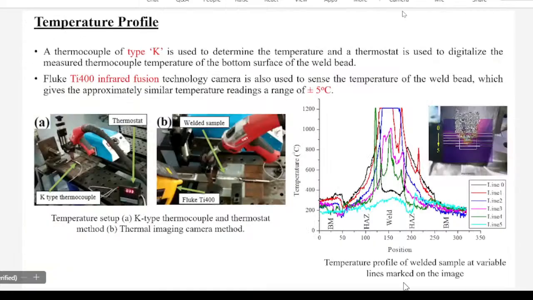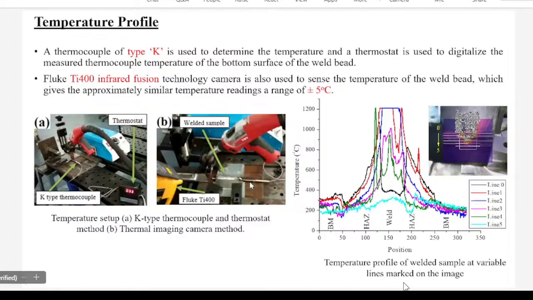For thermal gradient and temperature profile, we can use a K-type thermocouple for thermal monitoring, and we can also use a thermal imaging camera. I have used both, and the difference is not that much, plus minus 5 degrees.